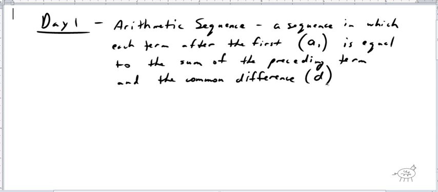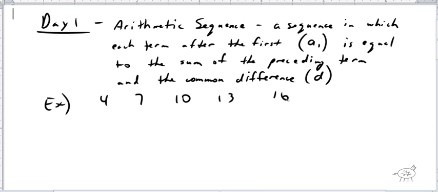Okay, so just a real quick example would be like 4 and then 7. So it went up by 3 and then another 3, 10, then 13 and 16. That's an example of an arithmetic sequence. That's kind of how you say it too.